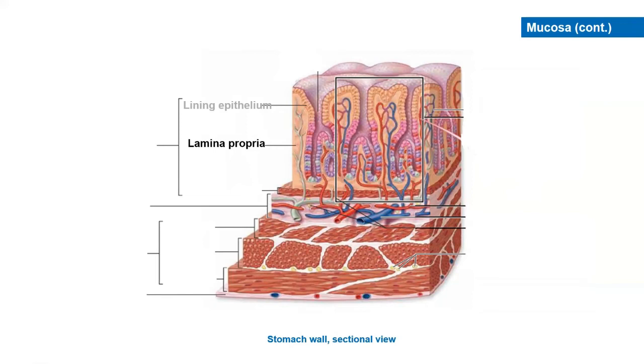There are reticular fiber, mainly reticular fiber, and it is the gel-like in consistency, contain numerous blood vessels and lymphatic vessels. Also contain some plasma cell, lymphocyte for the protection.